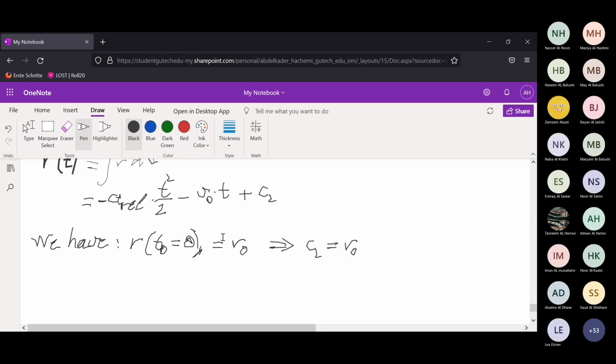Now, if we replace that, we get the expression of R as a function of time: R is equal to minus a relative time t square divided by 2 minus V0 multiplied by t plus R0.